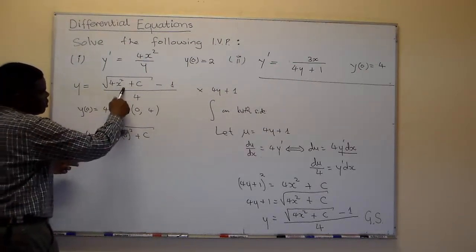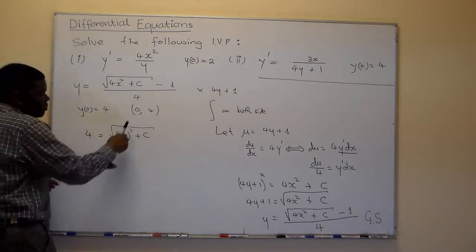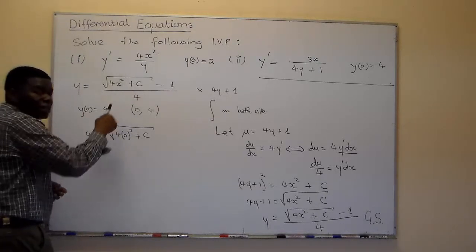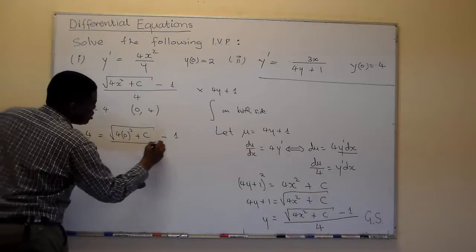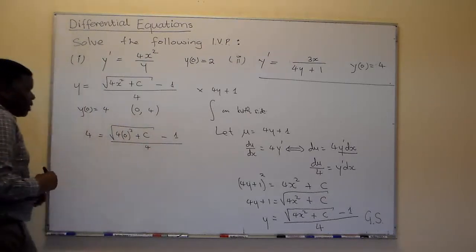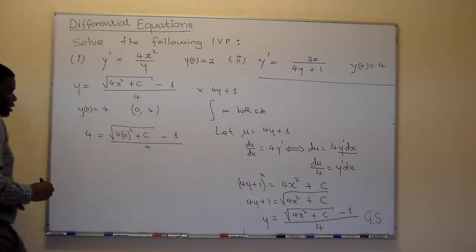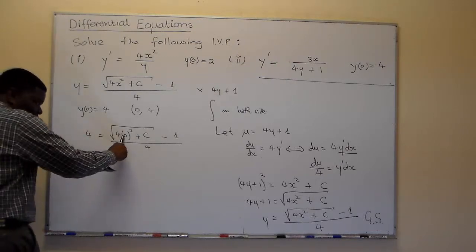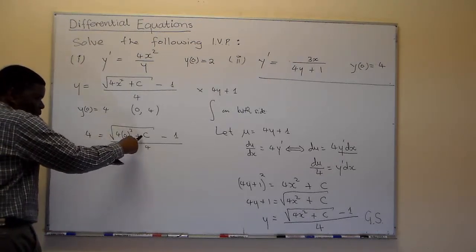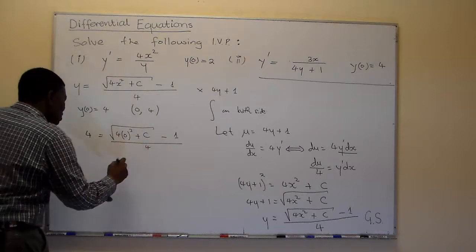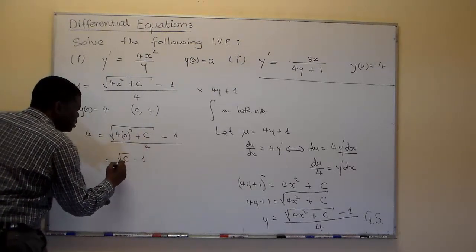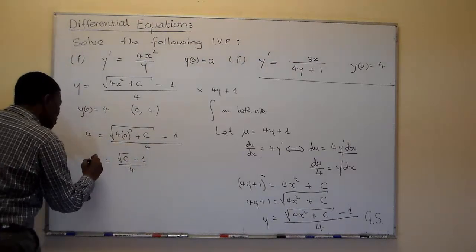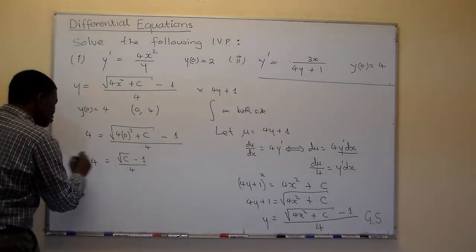You can see what I'm doing here: I'm just mimicking the expression under the square root sign. So what we get is that 12 times 0 is 0, plus c, minus 1, so we get the square root of c, minus 1, divided by 4 equals 4.